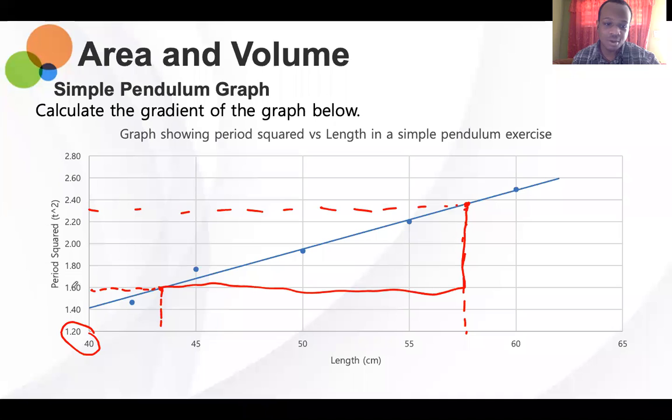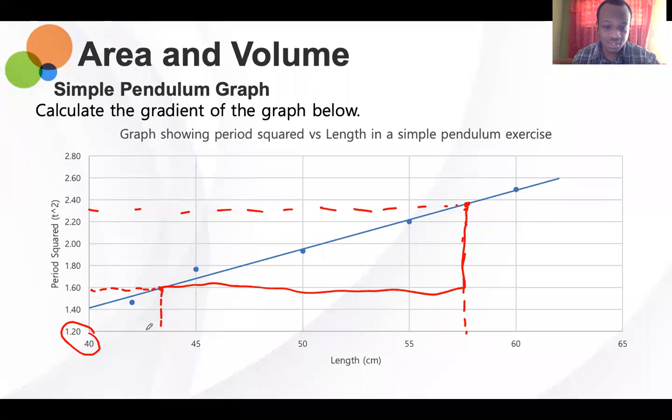This is 1.60. This is about 2.3. This is about 57 or so. It could also be 56 point something, but it's essentially 57.5 or so. I'm just estimating. So when we're calculating, it's mostly about estimation, right?